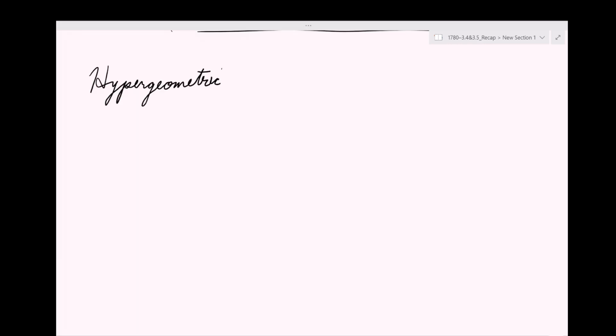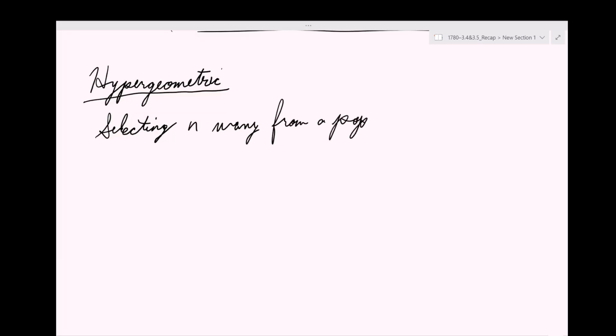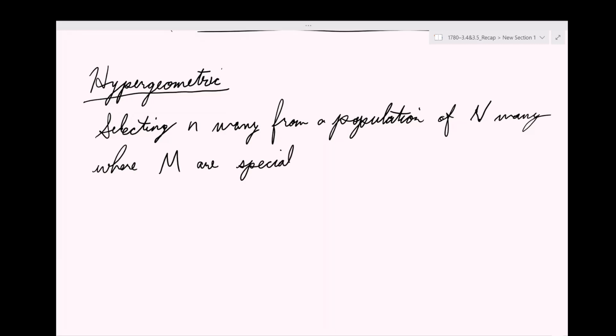For hypergeometric, we were choosing without replacement. So we're selecting, let's say, little n many from a population of big N many, where some number of these big N many, let's say big M, are special or distinguished in some way.